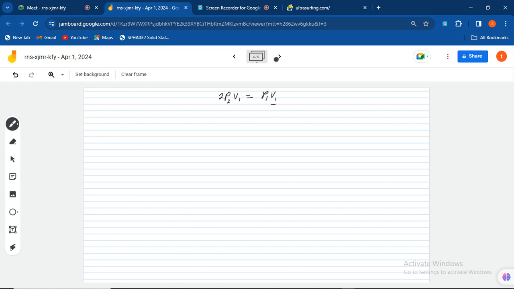And then you can also cancel them on this side. So you have P2 equal to P1 over 2. Okay. Good.